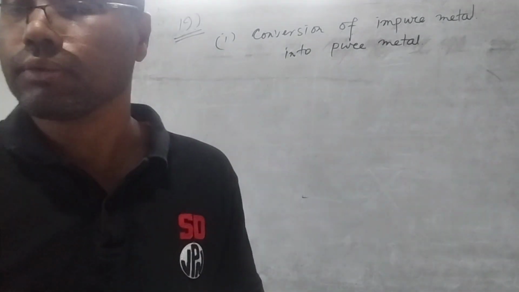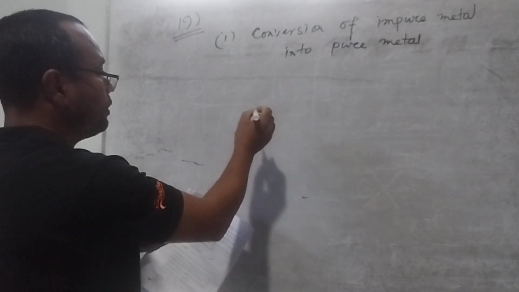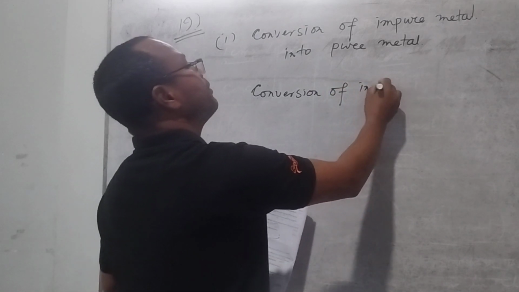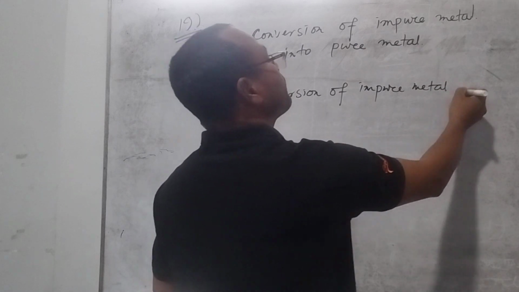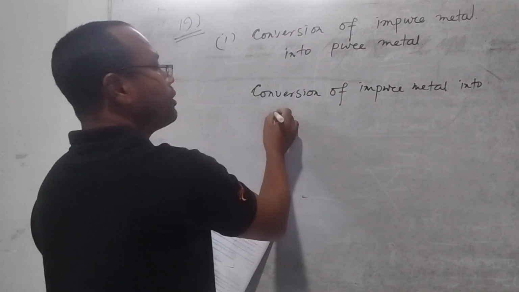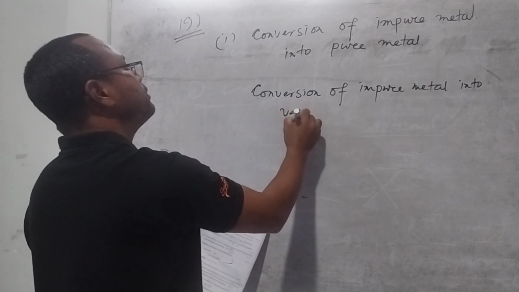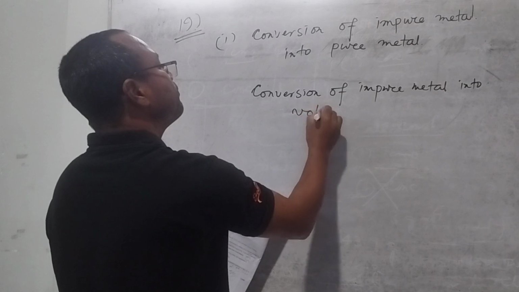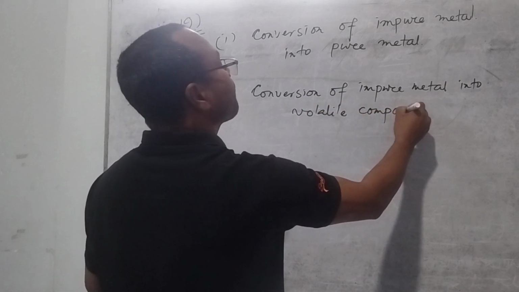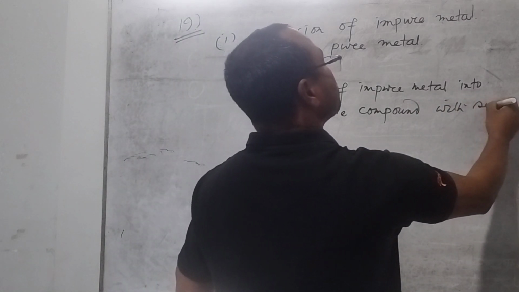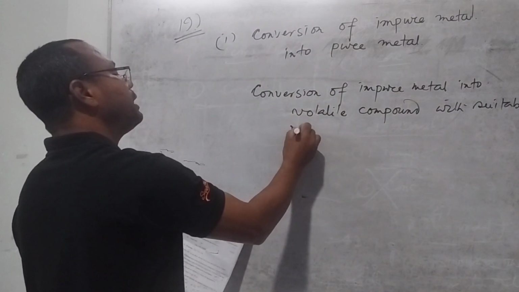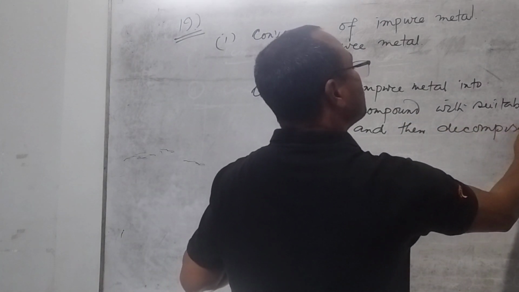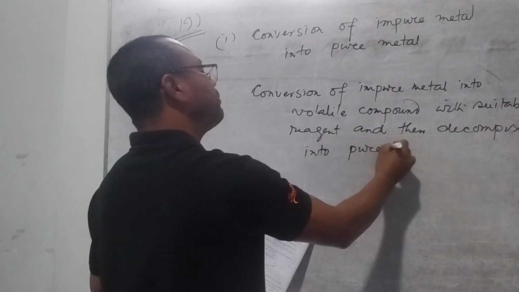The first step of the conversion is that the impure metal is converted into a volatile compound with a suitable reagent, and then it decomposes into the pure metal.